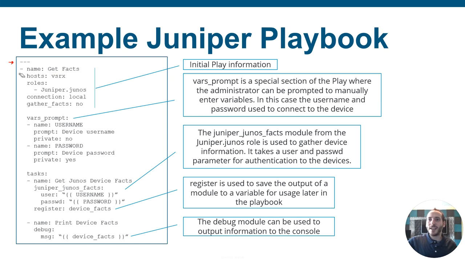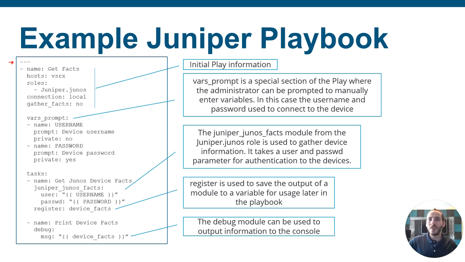We are executing it against our VSRX group, or VSRX could potentially be the name of a host as well. But here we have our group VSRX, and we have our roles that we are importing, which is the Ansible Galaxy Juniper.Junos role. And of course, our connection is local, and we are saying no for gathering facts of our local device.